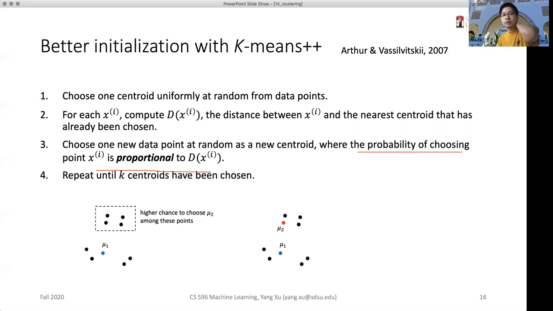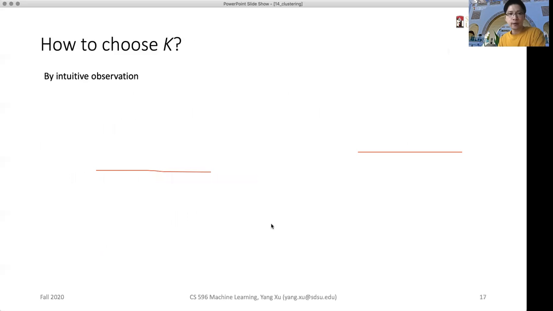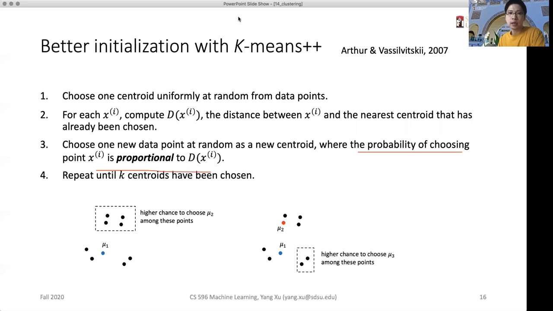And after mu1 and mu2 appear, then we have a higher chance to choose mu3 among these lower right points, which is a reasonable way to choose centroids because it aligns very well with the intuitive observation on the data sets. Okay, that's the issue of initializing the positions for all the centroids.